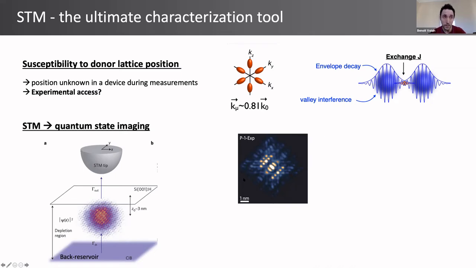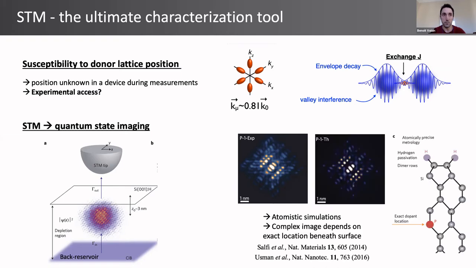You can see that instead of a single blob that would be the representation of a single 1s state, the image is made of a very complex oscillatory pattern, which reflects the presence of both lattice and valley frequency in the image.